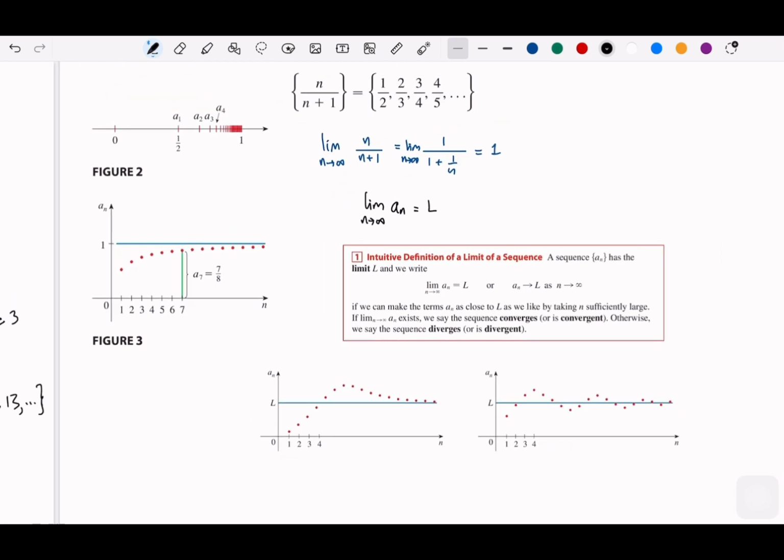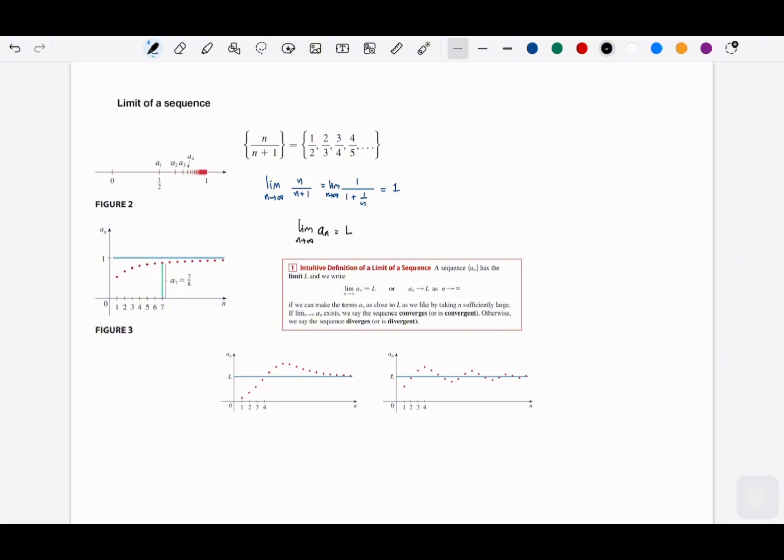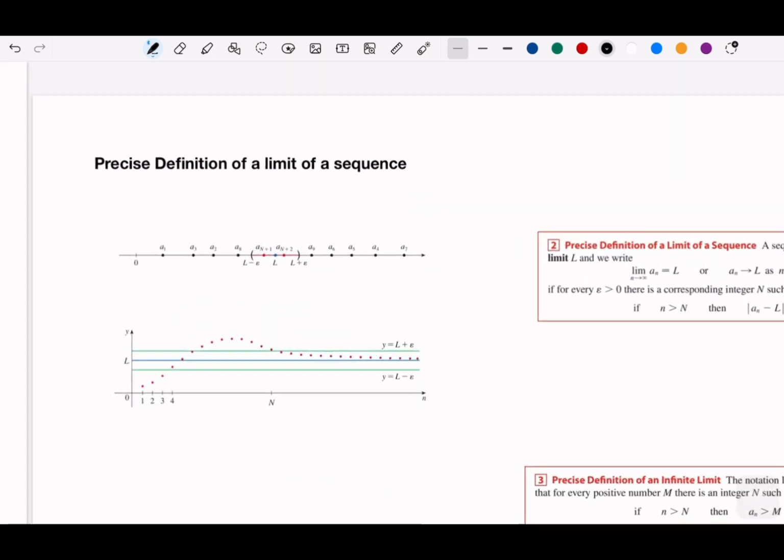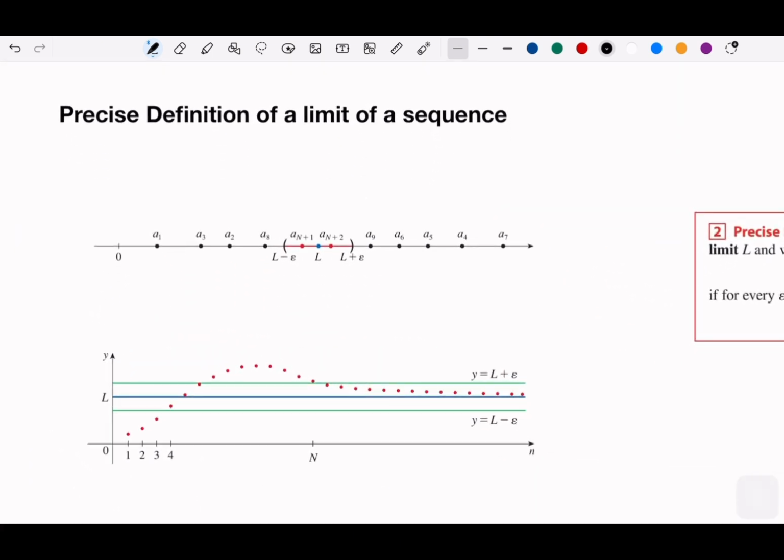Okay, now let's continue this part. So this is the limit of a sequence. And now let me talk about the precise definition of the limit of a sequence. So we start by looking at this.